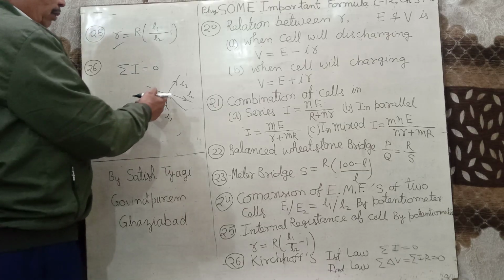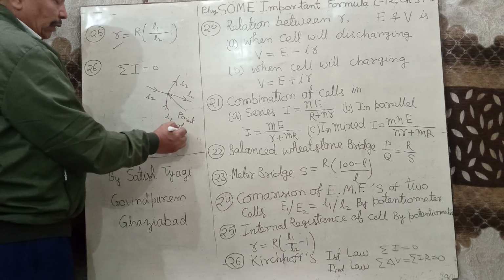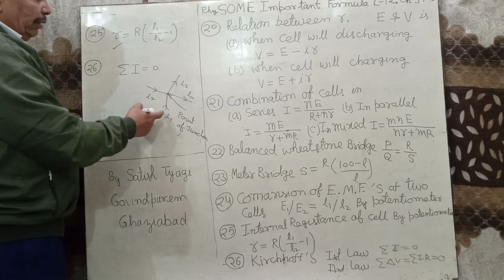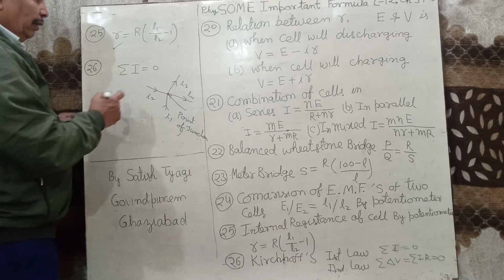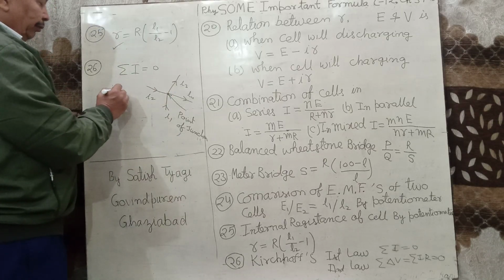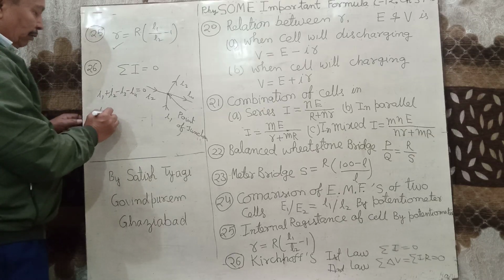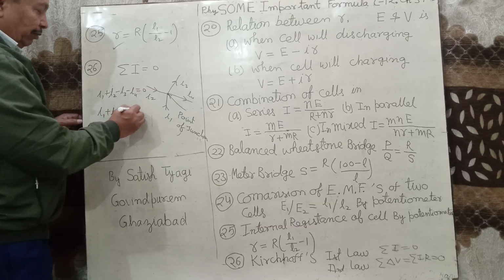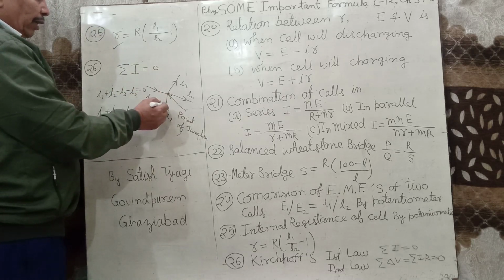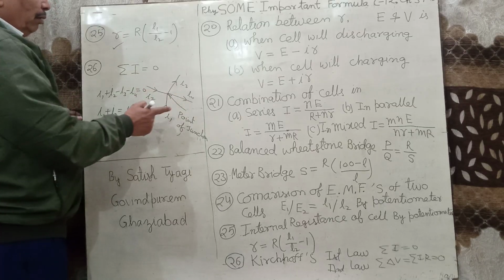Here incoming is positive at the point of junction. The point where current comes in and goes out is called the point of junction. Incoming current is taken with positive sign, outgoing current with negative sign. So I1 plus I2 minus I3 minus I4 equals 0. Here I1 plus I2 equals I3 plus I4. So we say that the incoming current at the junction is equal to the outgoing current from the junction.